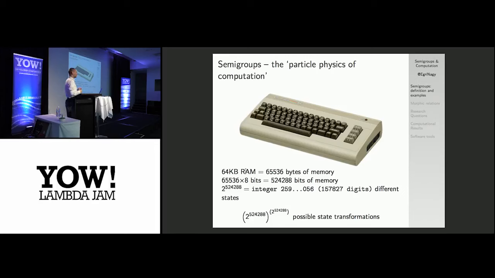How many transformations do we have here? Well, if you have n states, it's n to the power n, an easy combinatoric. So we have 2 to the power 500,000, to the power 2 to the power 500,000. I just want you to imagine this number for a moment and try to hold it in your hand. And of course you can't, because this is way over that.